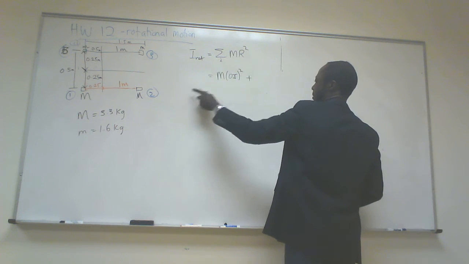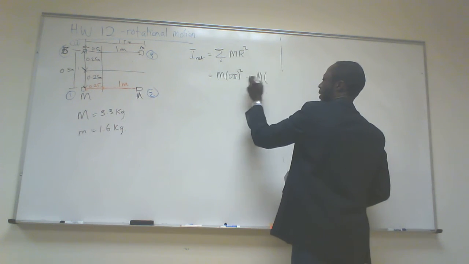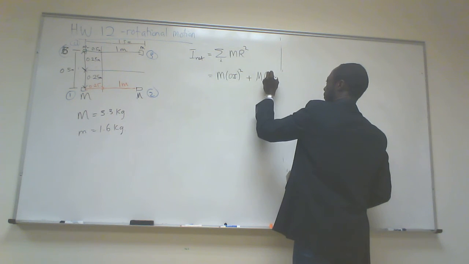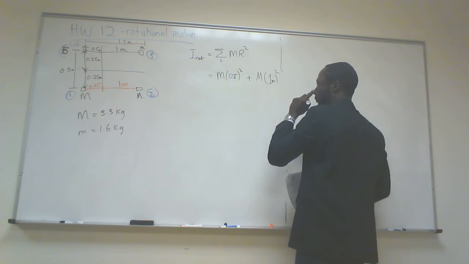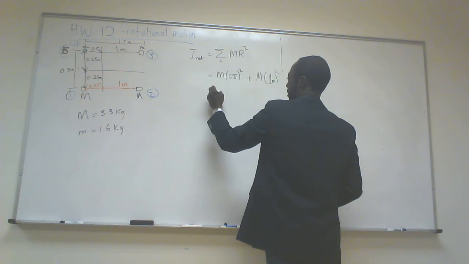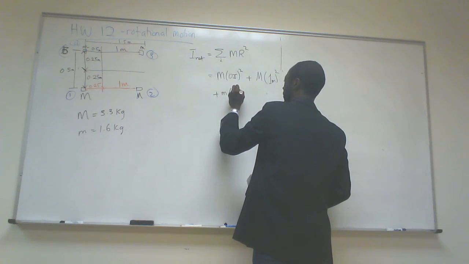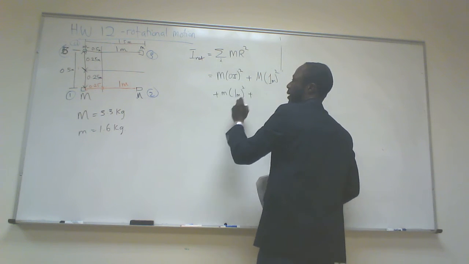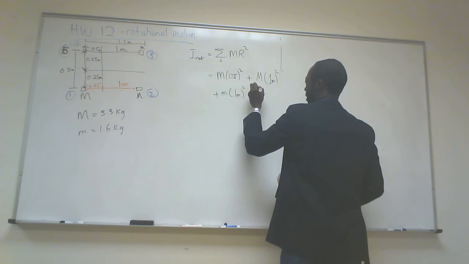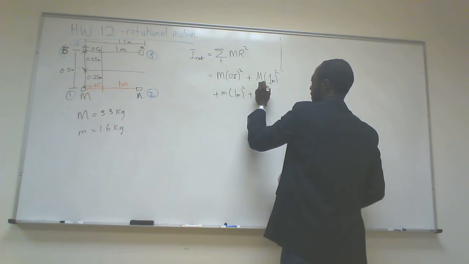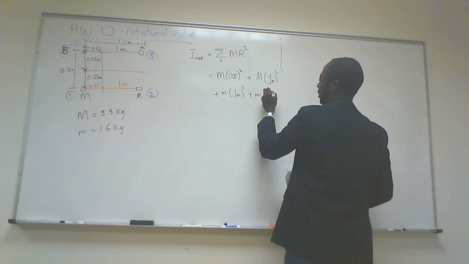And for the other object, its mass is big M. Its distance is 1 meter squared. Plus, number 3 is small m, a distance of 1 meter squared. Plus the last mass, which is half a meter, also small m.